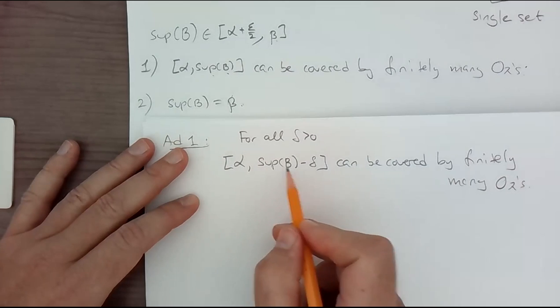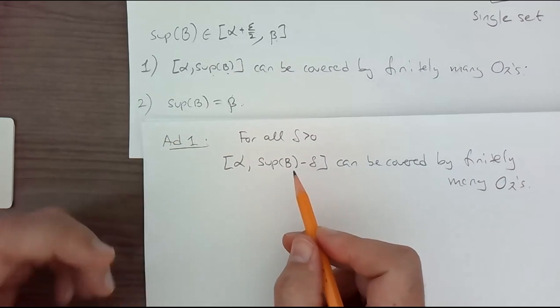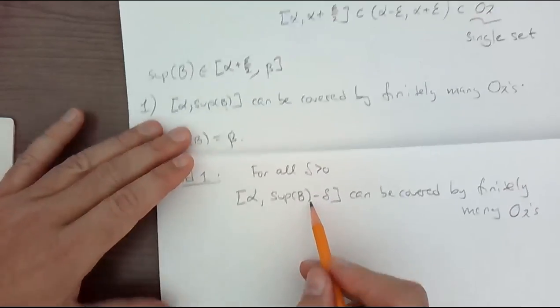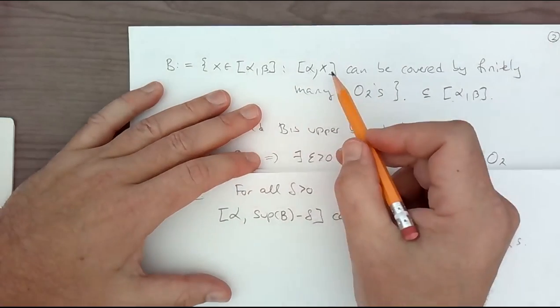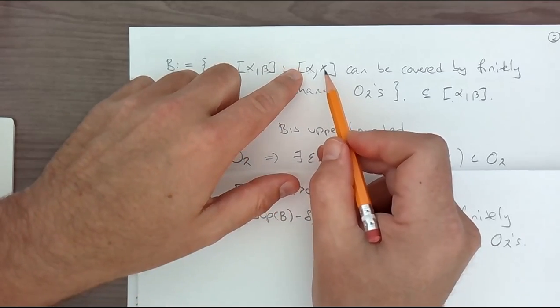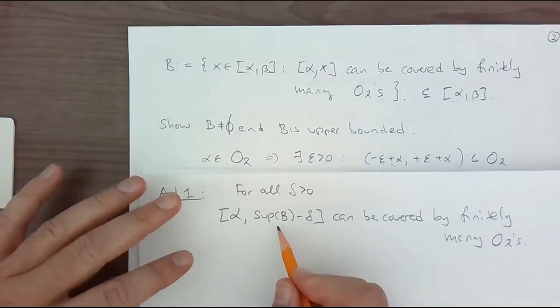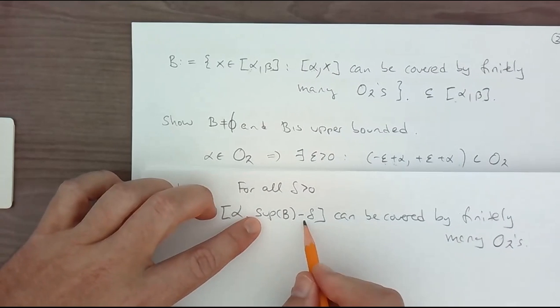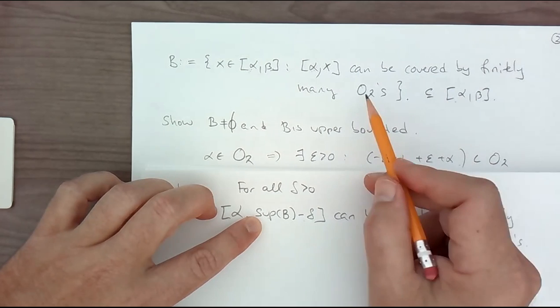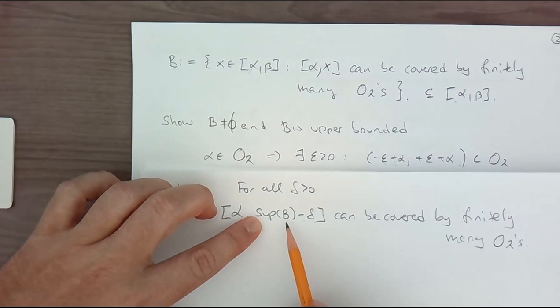right? Because if I stay a little bit to the left of the supremum over B, if I choose X to be just a little bit smaller than the supremum, then I can be covered by finitely many of these O lambdas. Otherwise, you would not have the supremum.